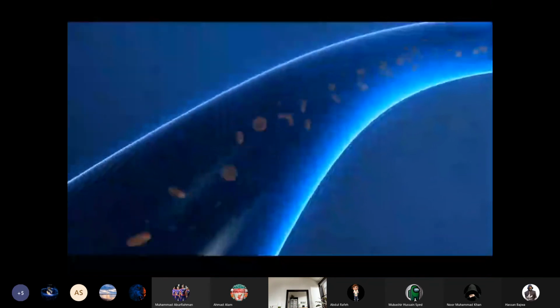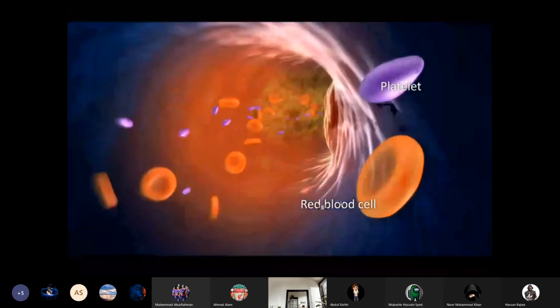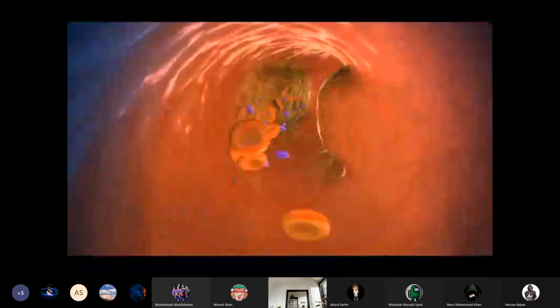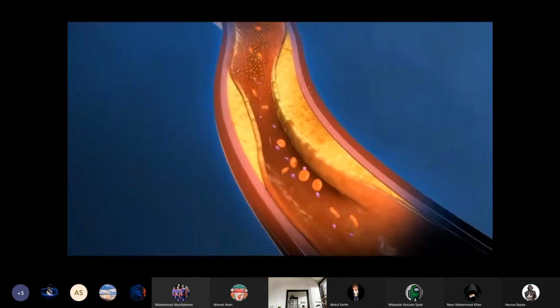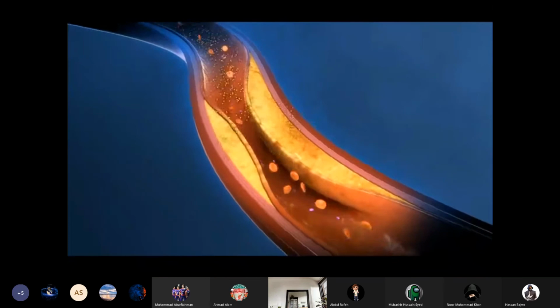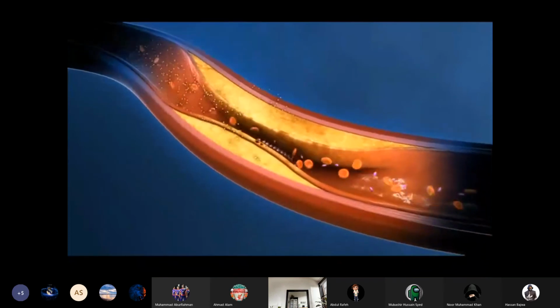The coronary arteries are like pipes. They supply blood to the heart muscle. Like a pipe, coronary arteries can get clogged over time with debris. The debris that can clog an artery is called plaque. Plaque is a sticky substance made up of cholesterol, fatty deposits, calcium, and other materials in the body.